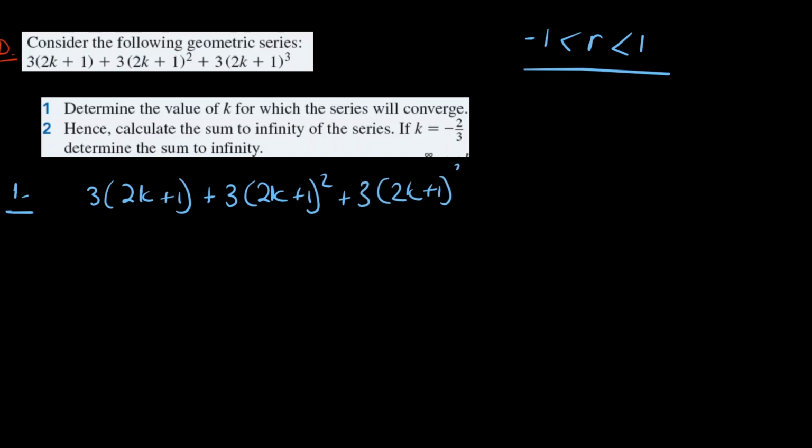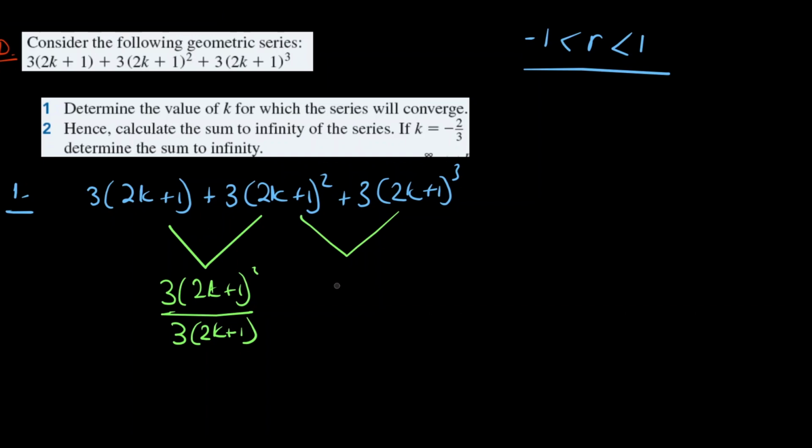We calculate our r value normally by saying t2 divided by t1, and we'll say t3 divided by t2, and we'll see that these will cancel, that will cancel, you'll be left with 2k plus 1.